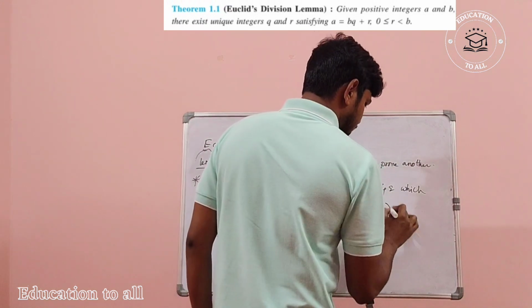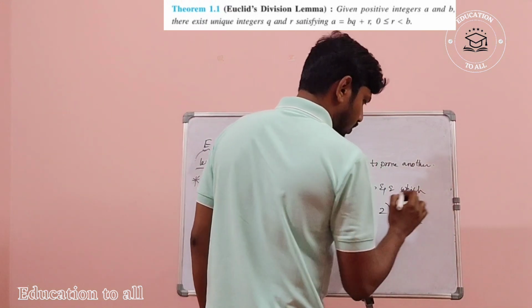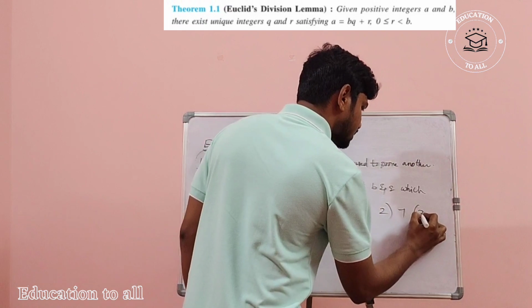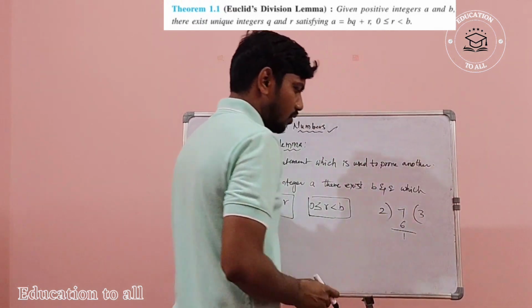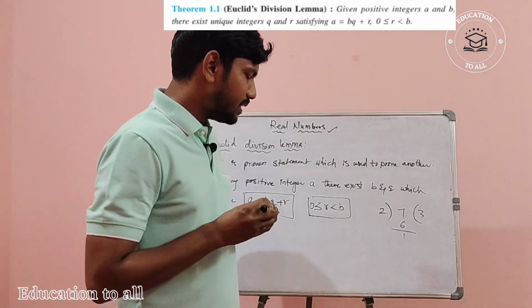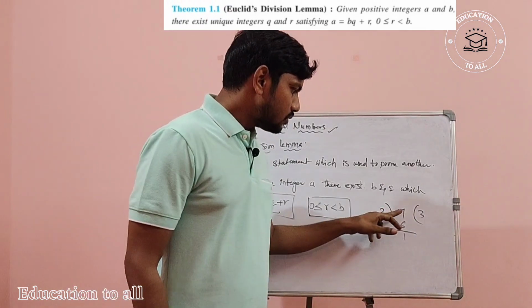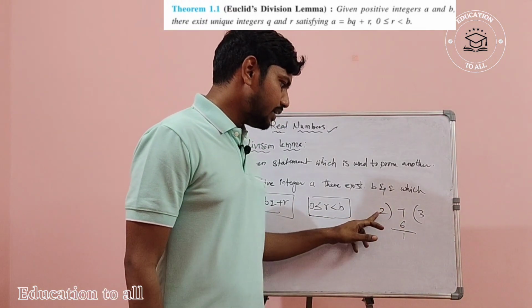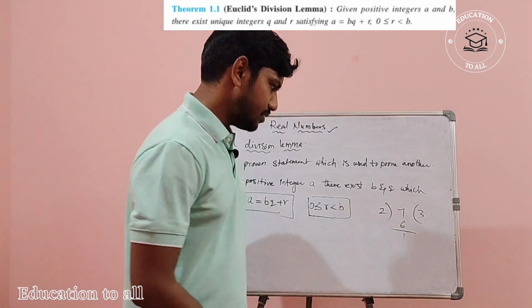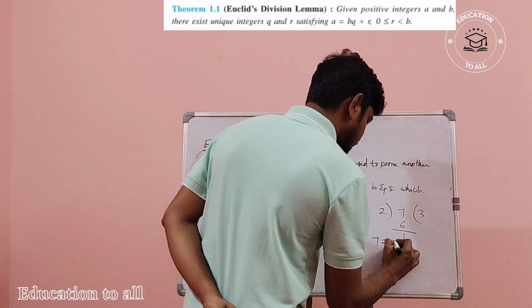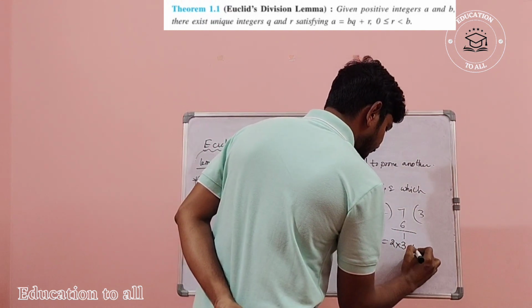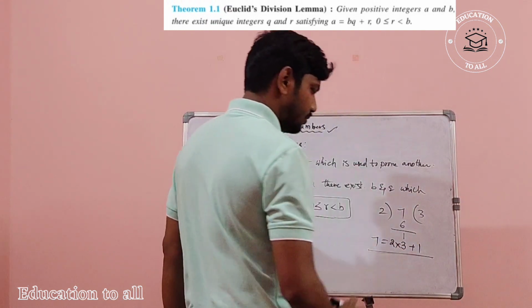So let us discuss: 2 divides 7. How many times? Very simple. 3 times it divides. 2 3s are 6. So we will get 1. We know the division algorithm. The basic of the division algorithm is: dividend is equal to divisor into quotient plus remainder. That's all. 7 I can write as 2 into 3 plus 1. So this is the value.